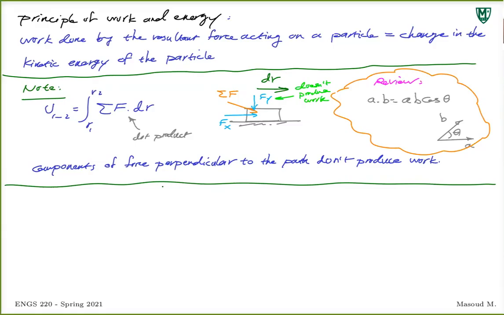Now, I have a question for you. If you're studying the motion of a particle in a tangent normal coordinate system, how does this rule apply? How does this note apply?